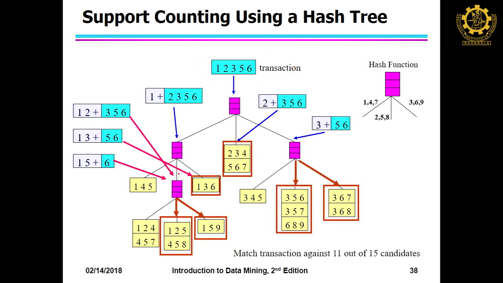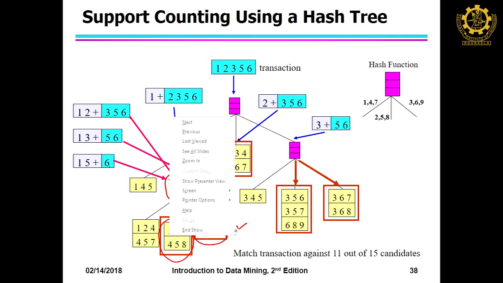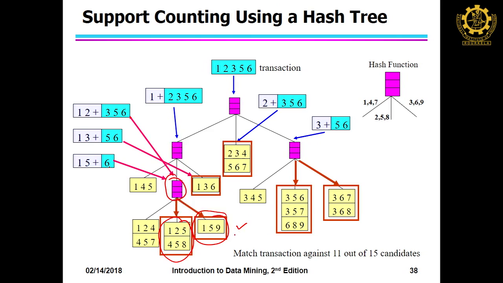Now we reach this point here. Here we can create 1 2 then 3, 1 2 3 means it will come here. 1 2 5, 5 means it will search here, 1 2 6, 6 means here, but it will not get it here. Then 1 3 5 and then 6.